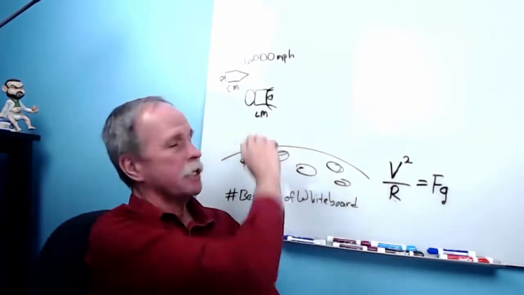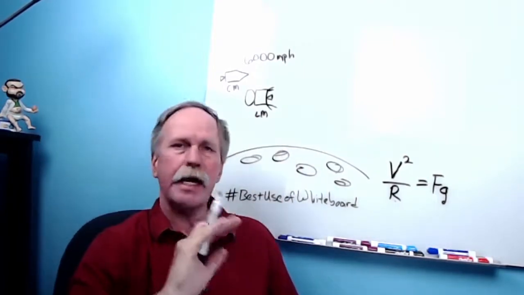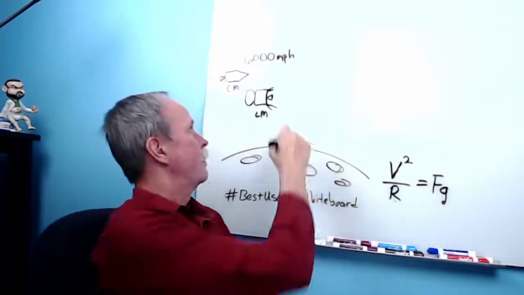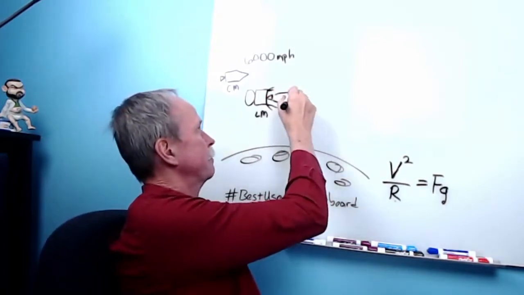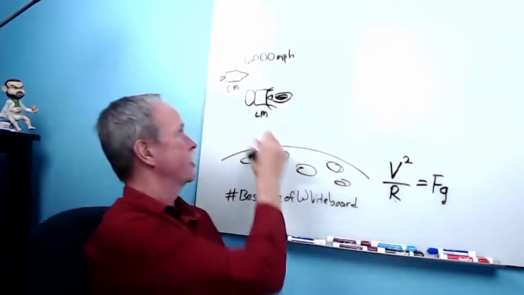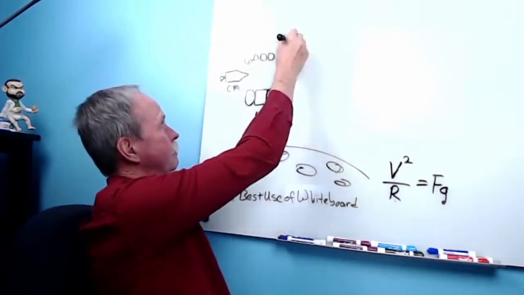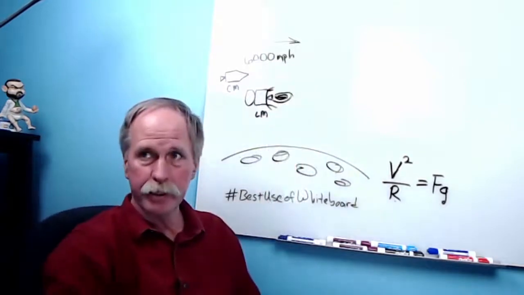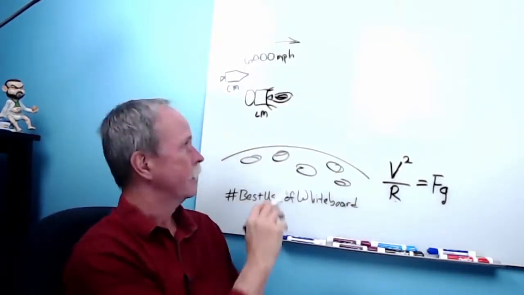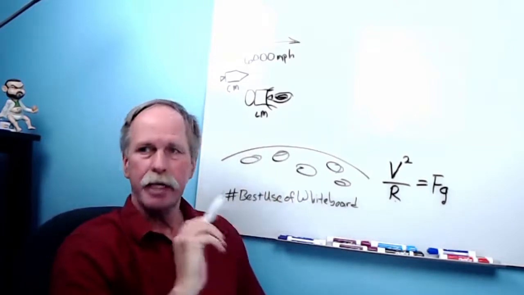The lunar module separated from it, and it had to slow down in order to land on the moon. So what it did was it fired its rockets in the opposite direction of travel. That's the way they're all traveling. And it fired its rockets in the opposite direction. As a result, it slowed down.